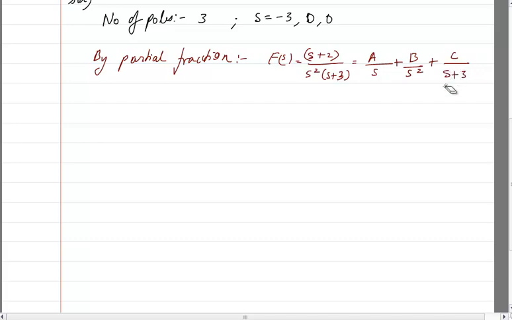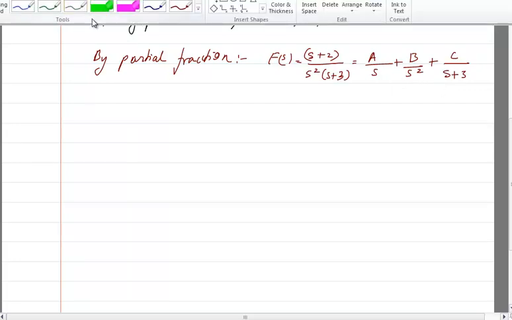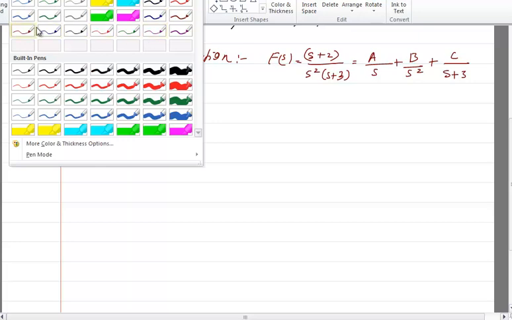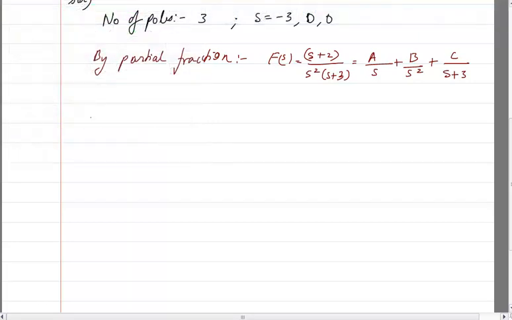So what we do here is cross multiply. What I see here is s plus 2 divided by s squared into s plus 3 is equal to, now I am going to do cross multiplication.